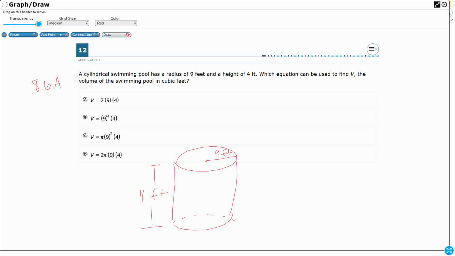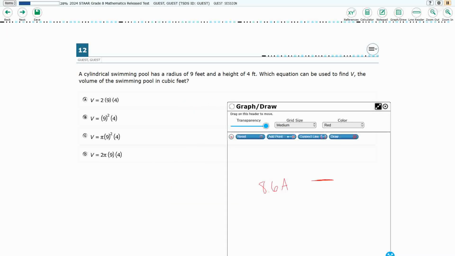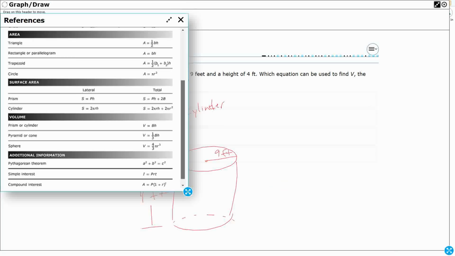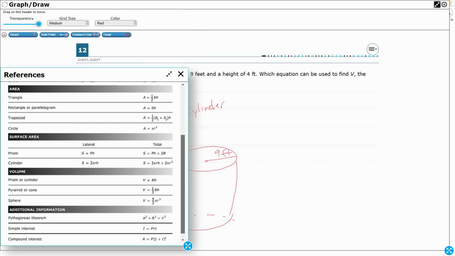Well, it is a cylindrical swimming pool, which means I need the volume of a cylinder. What is my volume of a cylinder? Look at my reference material there. Volume of a cylinder is V equals base times height. Okay, that's only part of it. So V equals base, big B, times height. Now, what is the base?